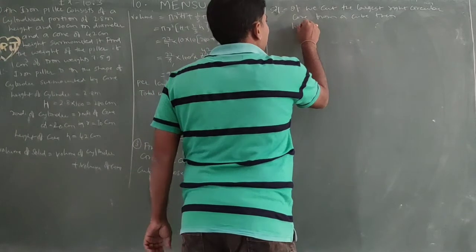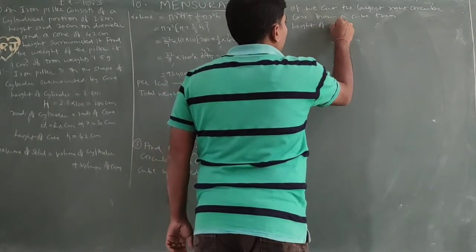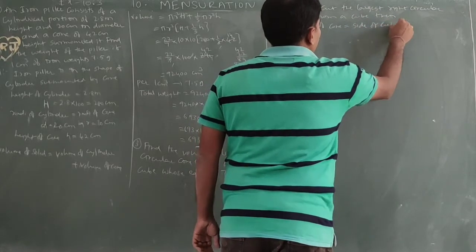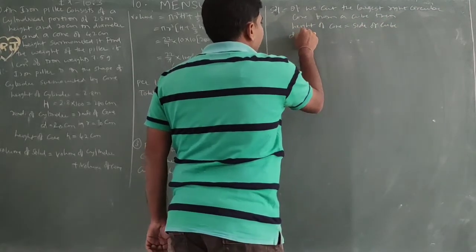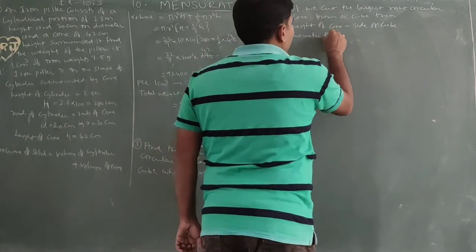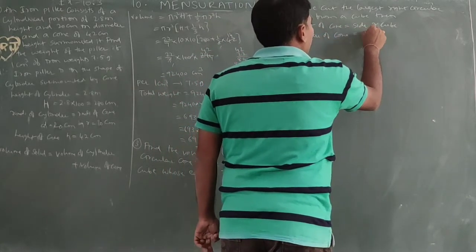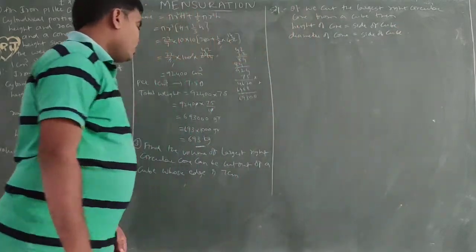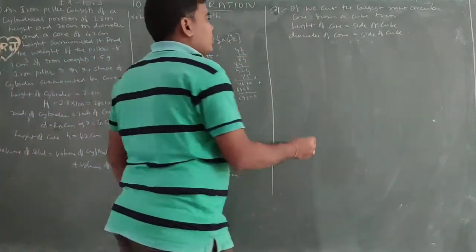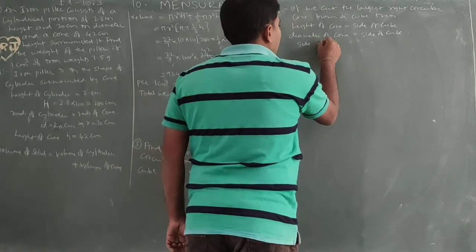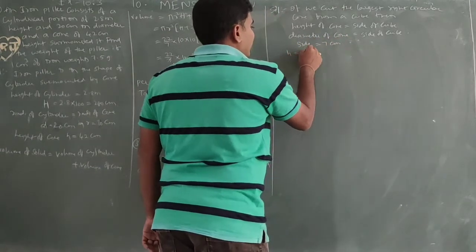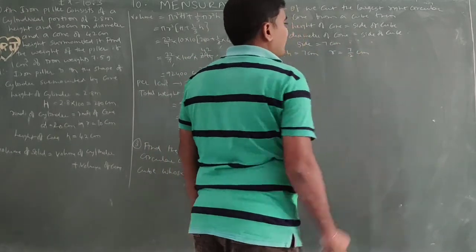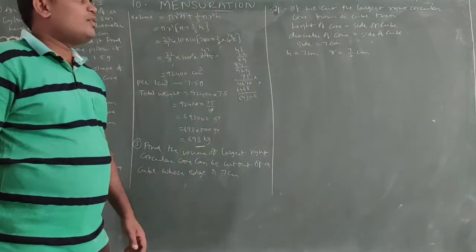The height of the cone is equal to the side of the cube, and the diameter of the cone is equal to the side of the cube. The side is 7 centimeters. Then h equals 7, and r equals 7 by 2 centimeters. Diameter equals 7, radius equals half of the diameter.